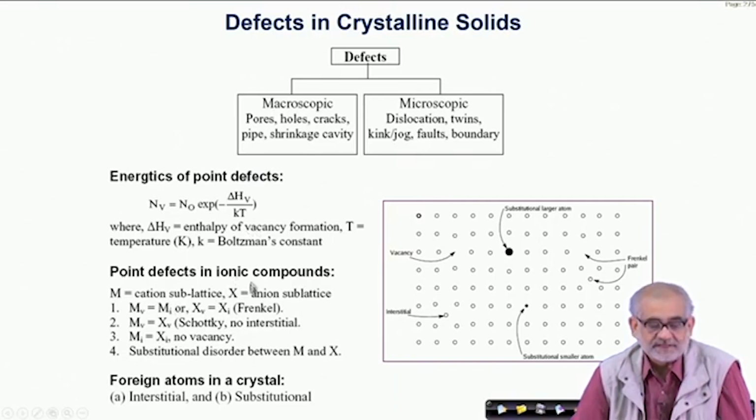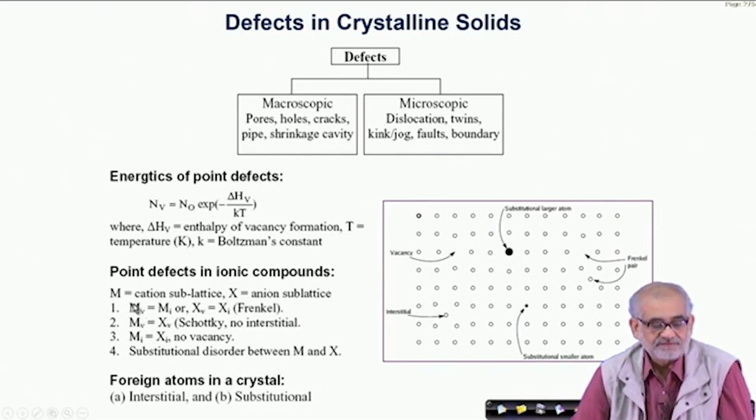Now, talking about the ionic compounds, which we were just mentioning a few minutes ago, we can have a situation where a certain cation moves to an interstitial position.